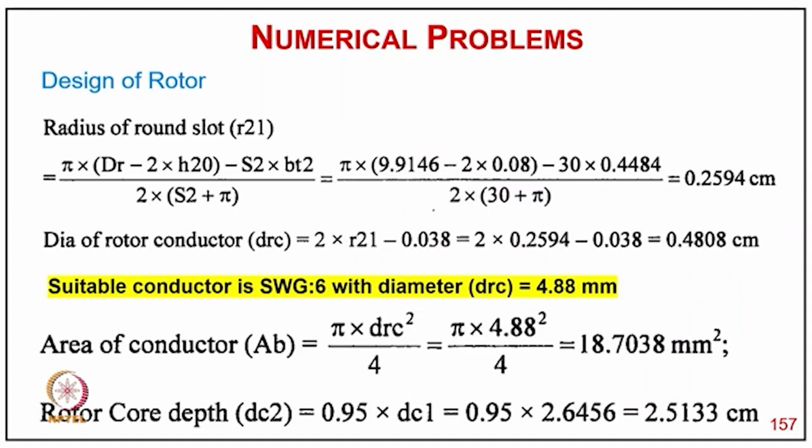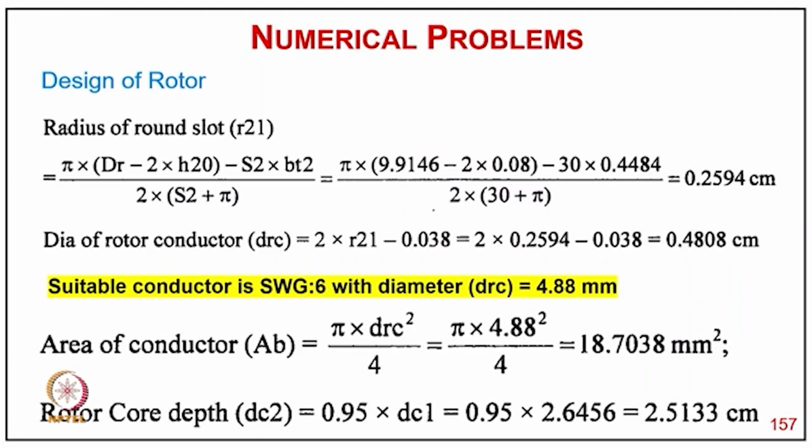A suitable conductor, standard wire gauge 6, has a diameter of 4.88 millimeter, and the area of the conductor, pi drc square by 4, comes to 18.7038 millimeter square.